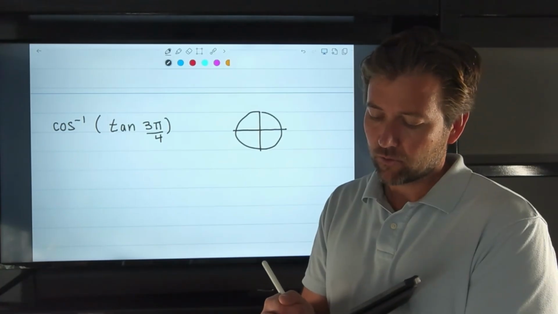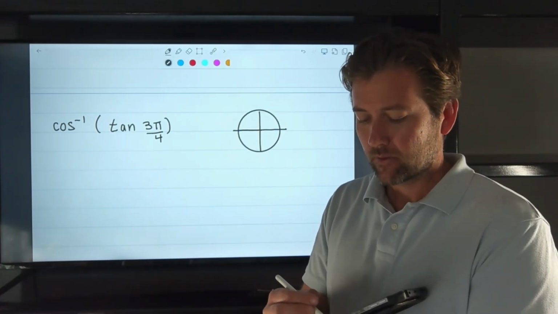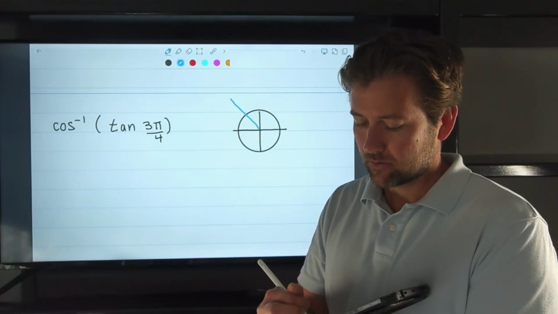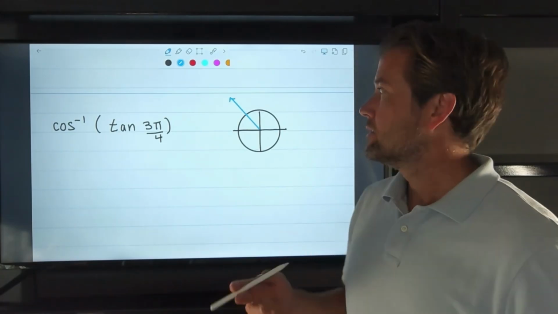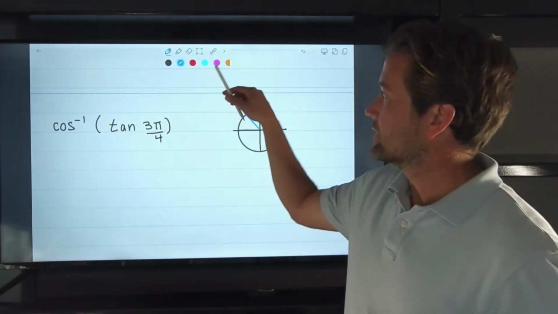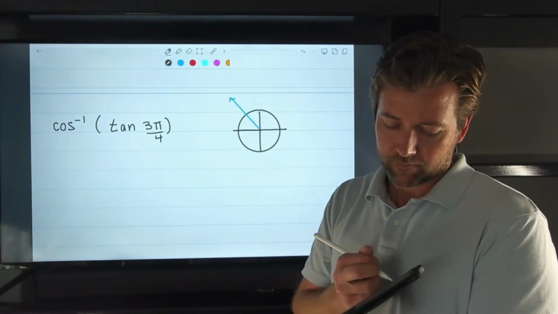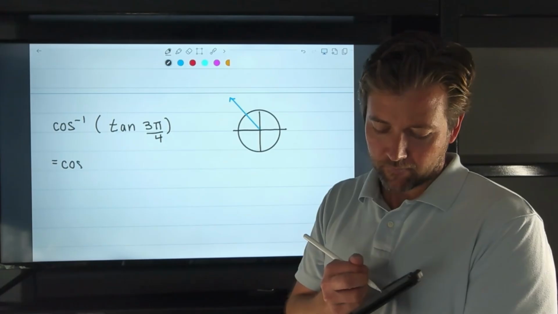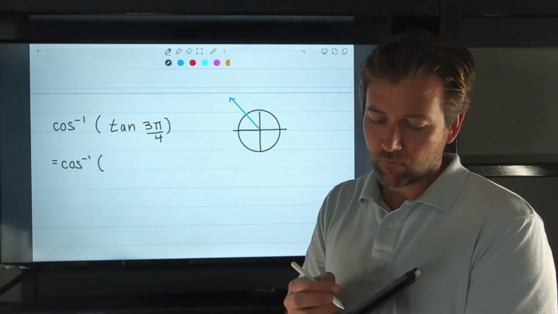So I'm going to draw the angle 3 pi over 4. So that's 3/4 pi is right there. Now the slope of that angle is negative. It's going to be -1.